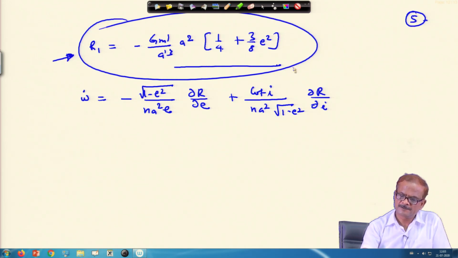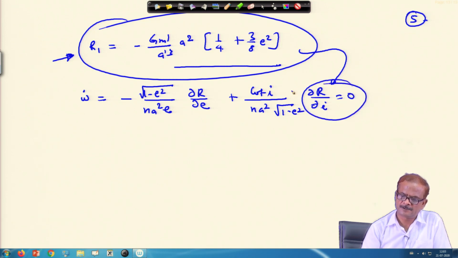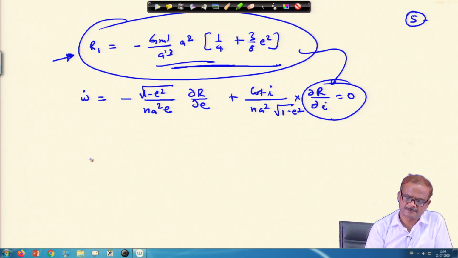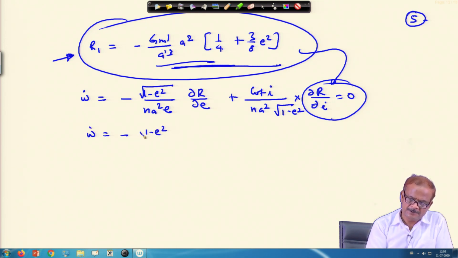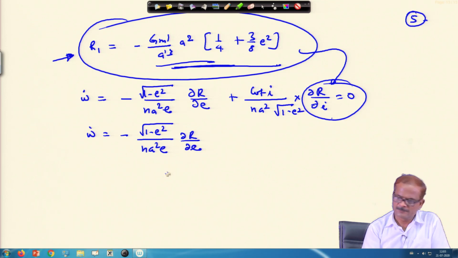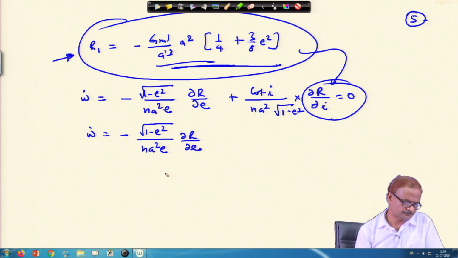Immediately we can see that this multiplied by dou R by dou I will be equal to 0. This quantity is 0 because I is nowhere present here. So we are left with just estimating 1 by n a square e, dou R by dou e. So we have to estimate this quantity.